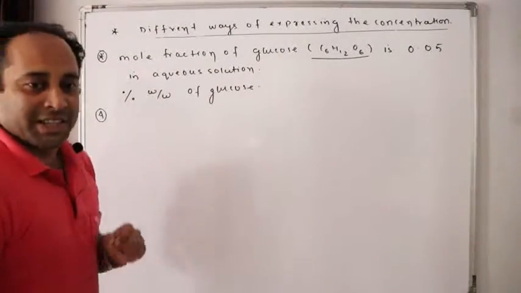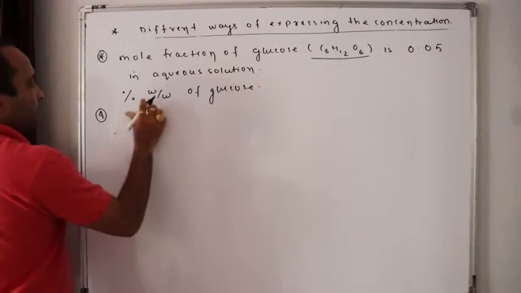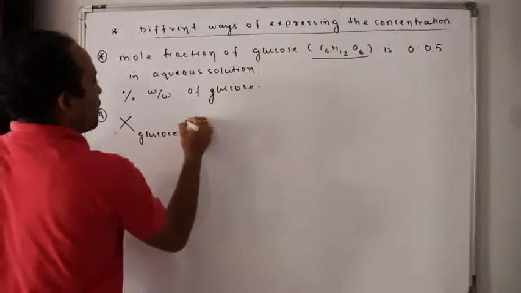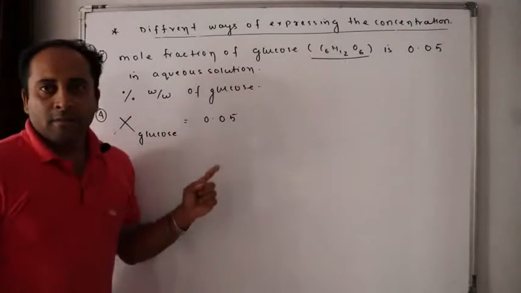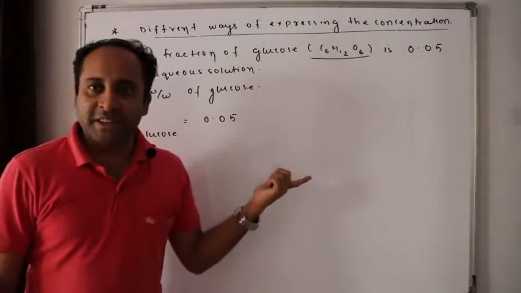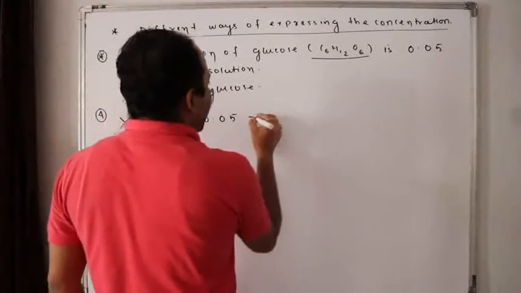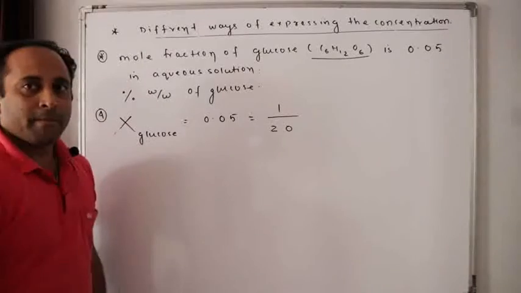What is the question here? In this question, first of all, the mole fraction of glucose they have given is 0.05. Mole fraction doesn't have any unit because it is a ratio. If I write 0.05, can I write that this is 1 by 20?